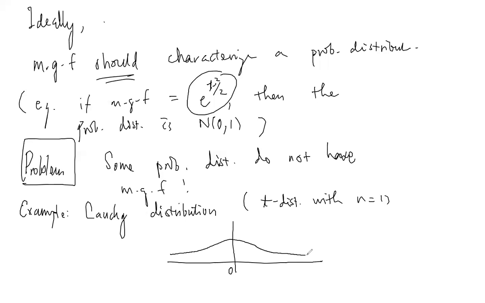It's just like a hill that has very long tails. Okay, and its PDF is given by the following: 1 over pi times 1 plus x squared. Your x is in the real line. So this is its PDF.